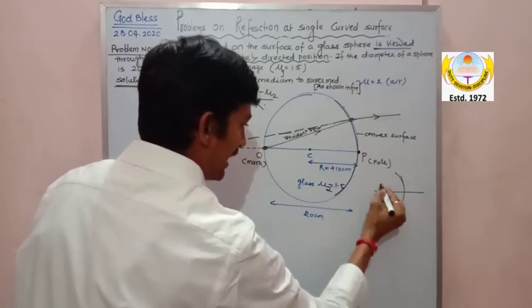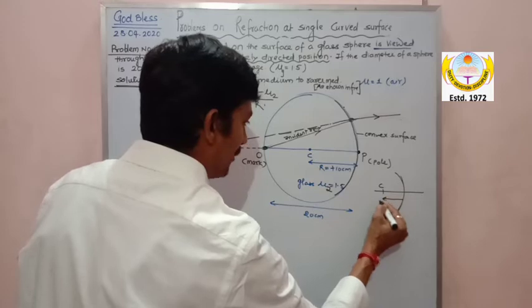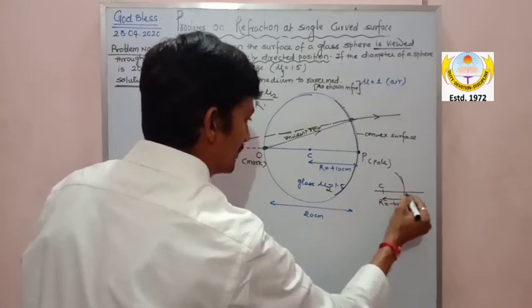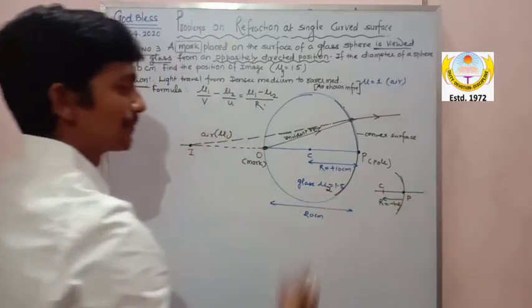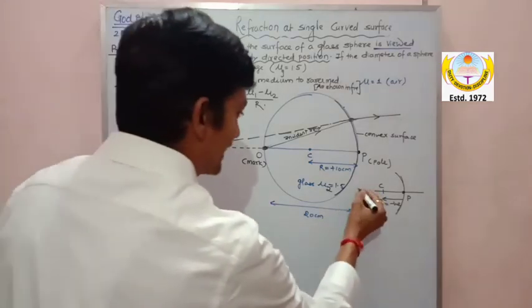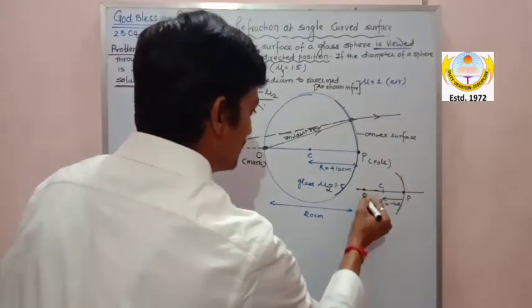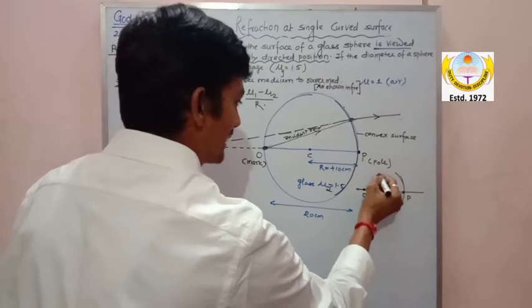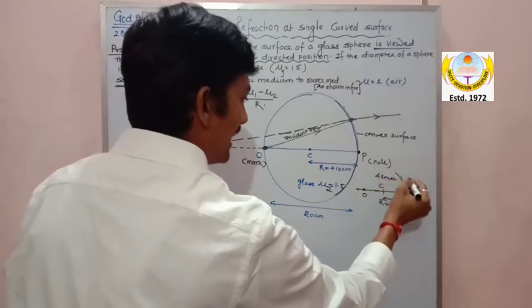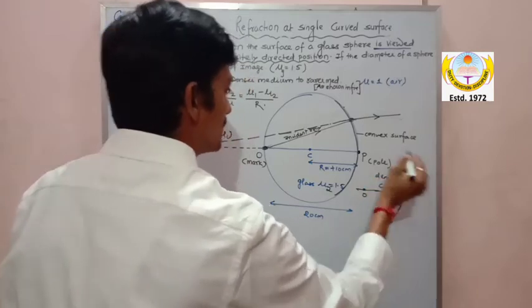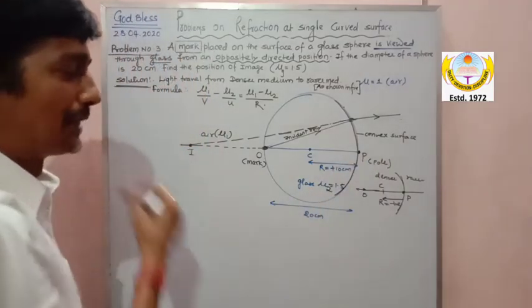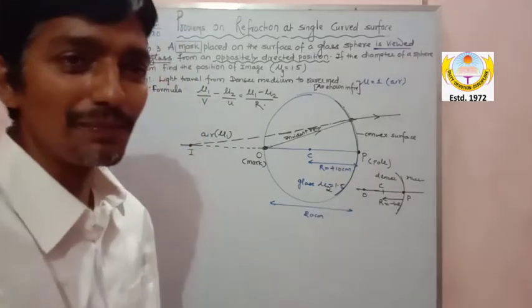Sir, its radius of curvature will be negative. And the object is in the denser medium, because here it is denser and here it is rarer. So the object is in the denser medium.